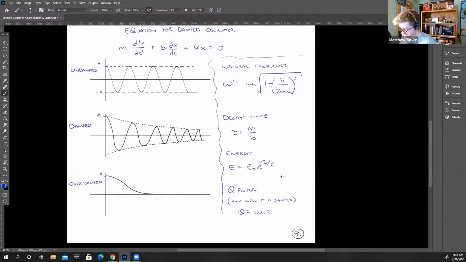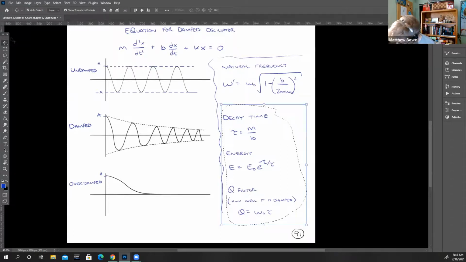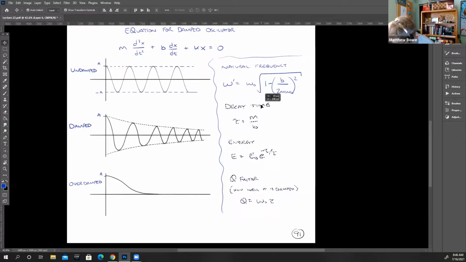And finally, if I wanted to express the frequency in terms of this Q factor, I can just rewrite that equation at the top.